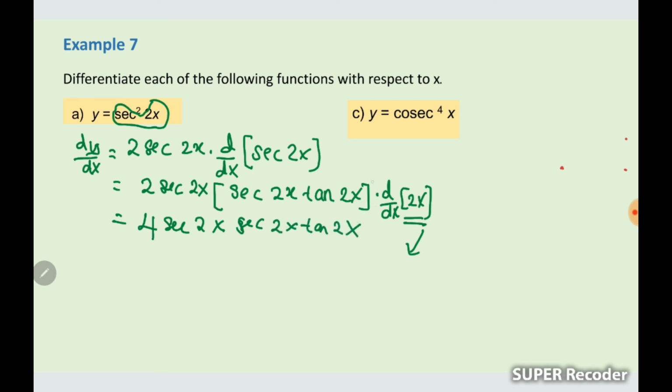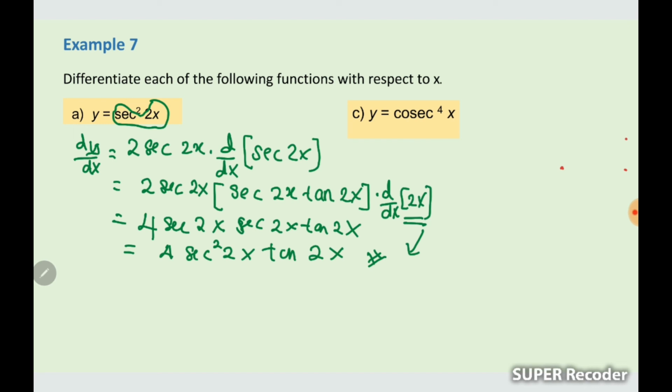So we conclude here, the answer is 4 secant squared 2x tangent 2x, because we have secant 2x twice. Okay, that one is A.